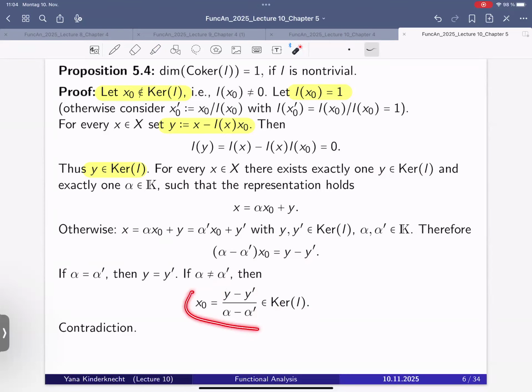And hence x0 belongs to kernel. But yes, it is a contradiction with our assumption. So this shows us the uniqueness of representation and the existence of representation we have already obtained here.